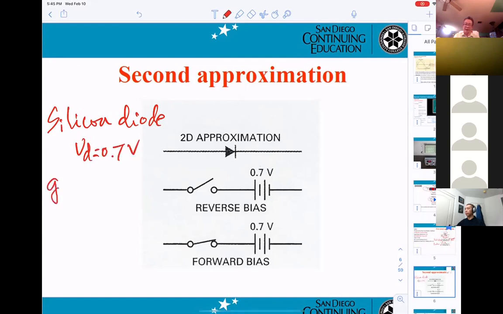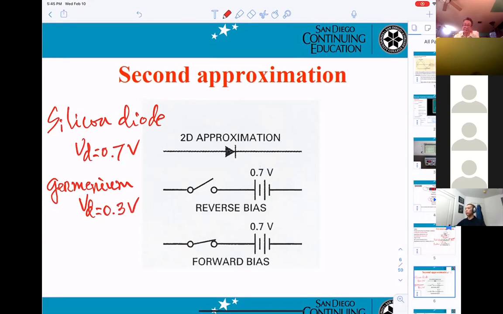Or if they make it from germanium, VD is 0.3 volt. Okay?